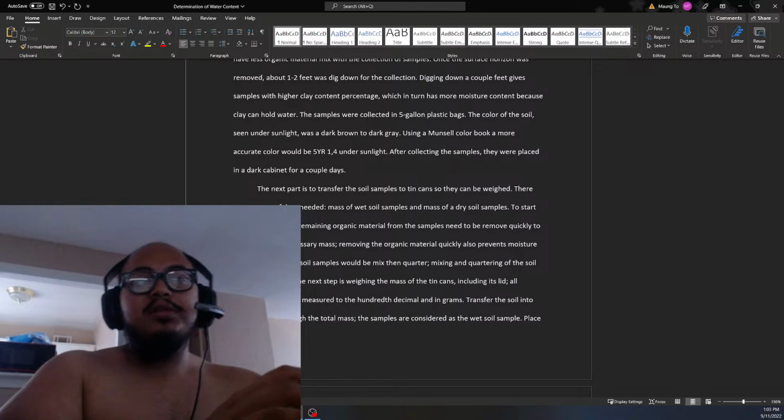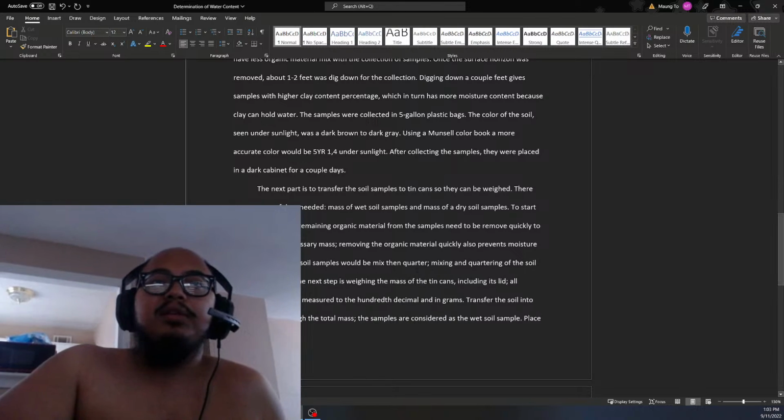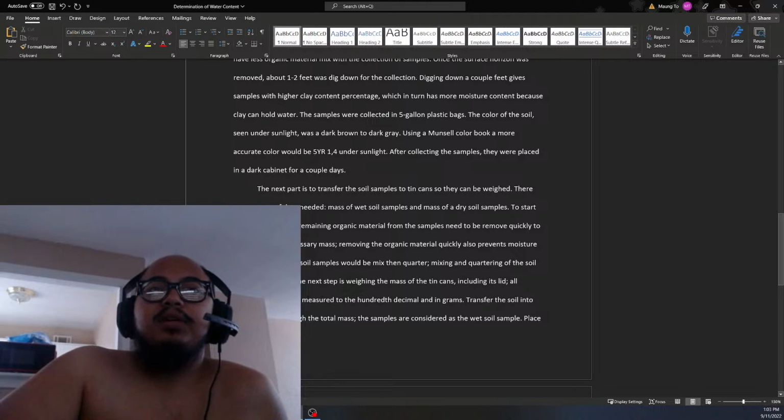The next step is weighing the mass of the tin cans, including their lids.